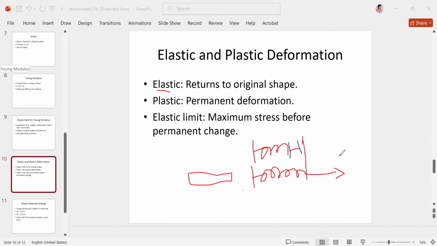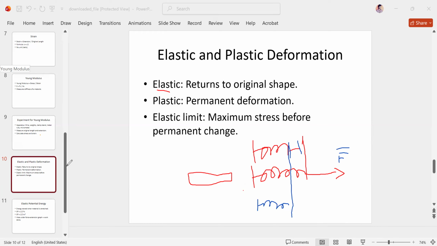And when we remove this force, the body moves back to the same position with the same original shape, and is called elastic material or elastic deformation.